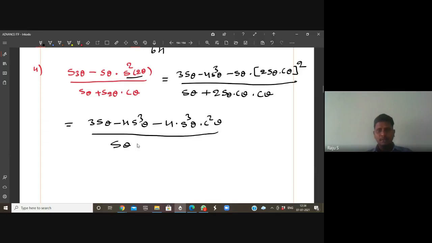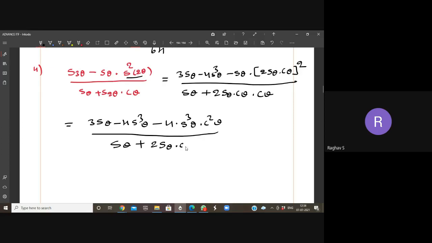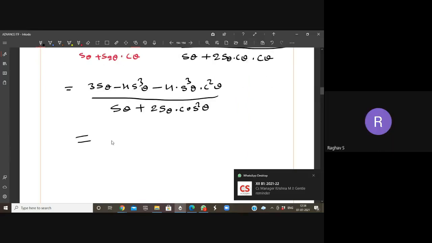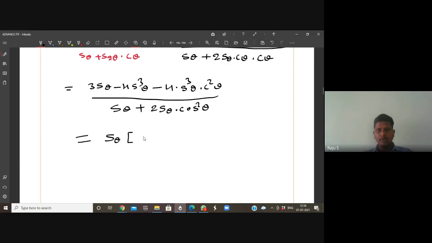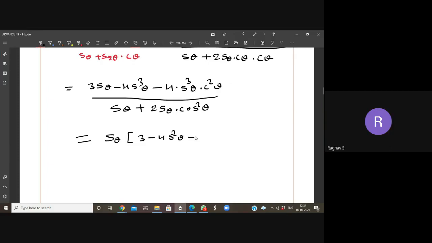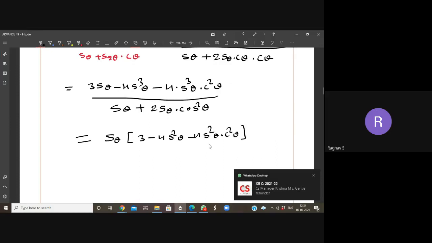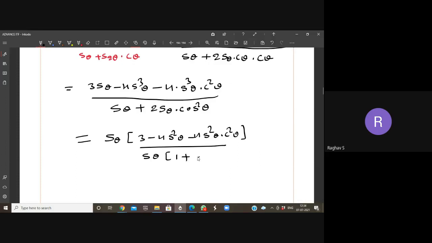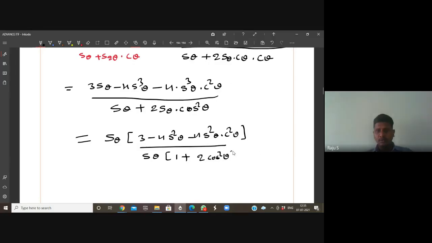We can take sin theta common in both. Then the remaining numerator is 3 minus 4 sin square theta minus 4 sin square theta cos square theta, all divided by sin theta into 1 plus 2 cos square theta in the denominator.